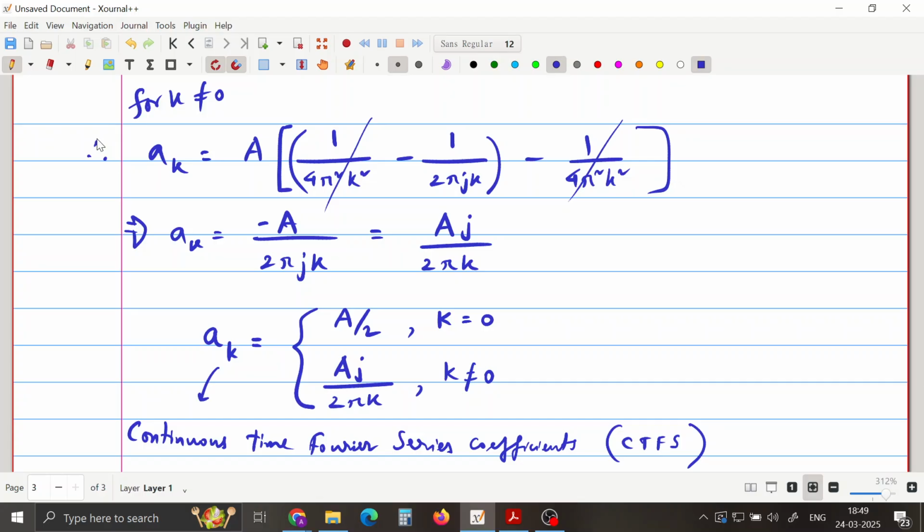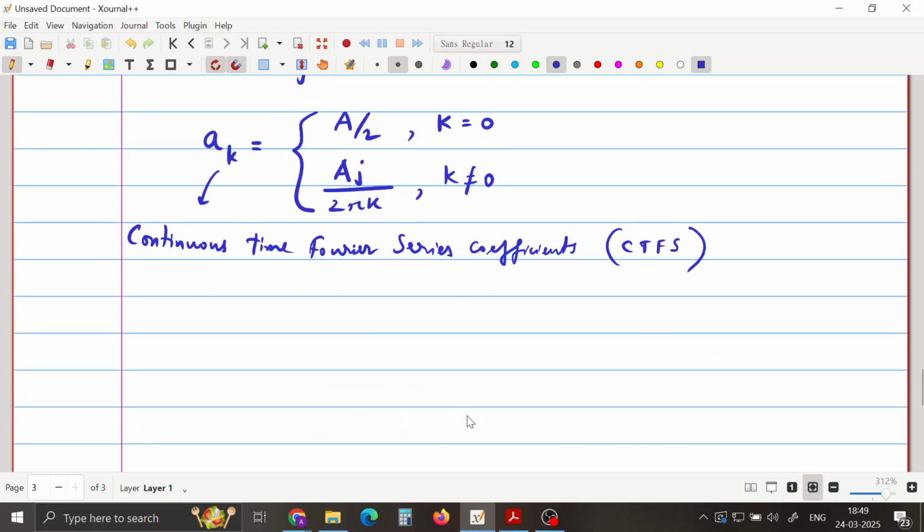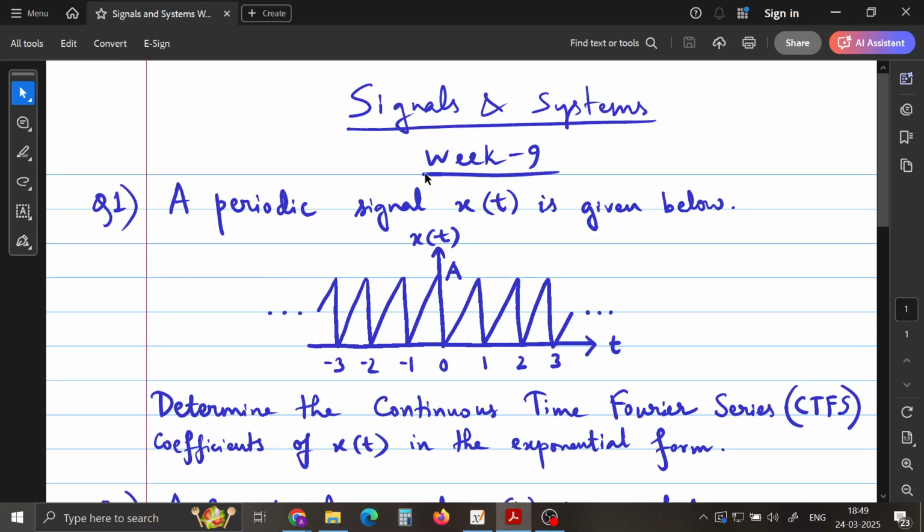Typically, when we have these kinds of complex entities, we can analyze them in two ways. One is their magnitude spectrum, and the other is looking at their phase response. That's how you analyze a complex number, right? It has a magnitude component and a phase component. So you can check for that as well for these Fourier series coefficients. But this is how we compute the Fourier series coefficients.